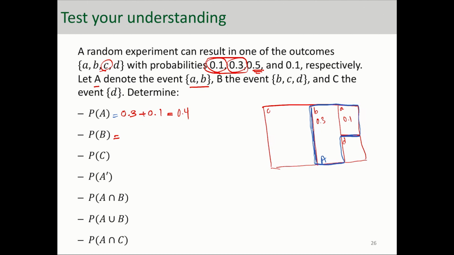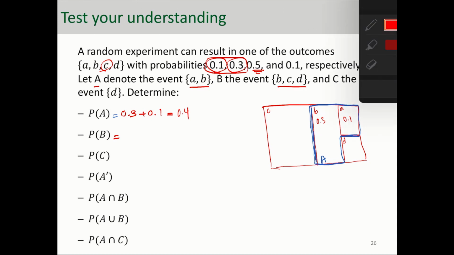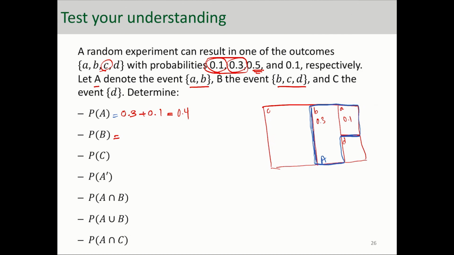Now, what is probability of event B? Event B has outcomes b, c, and d. So b, c, and d together is this one, right?